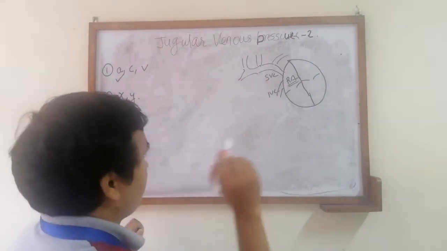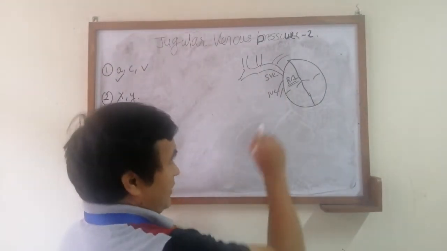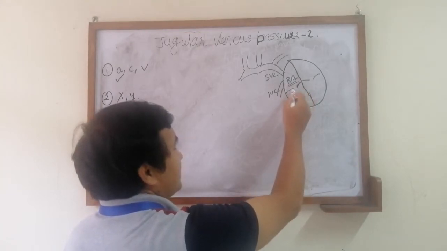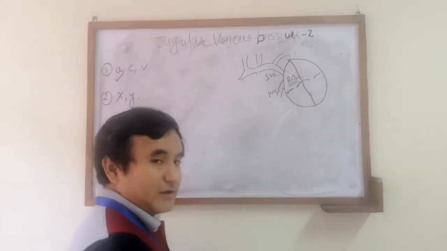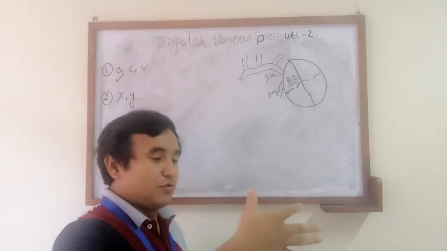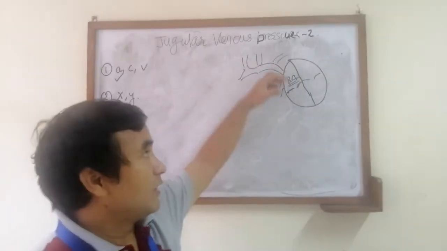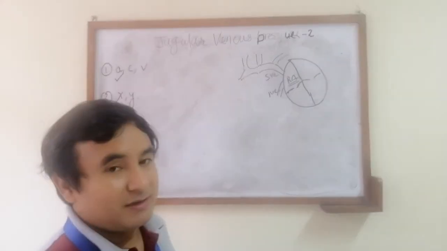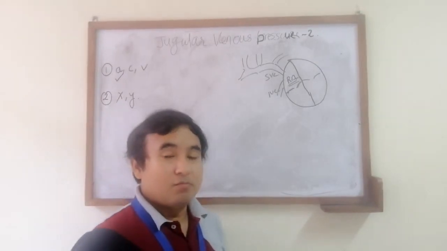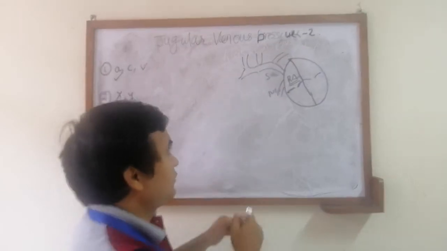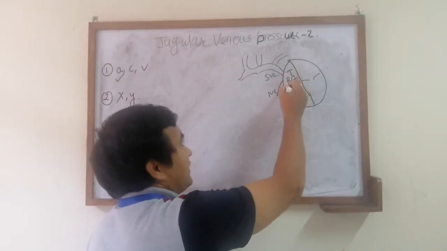If there is some problem in the tricuspid valve, let's suppose the tricuspid valve is stenosed, meaning it is not opening properly, then when the right atrium is contracting, it has to contract with more force. When the right atrium contracts with more force, it will increase the pressure in the right atrium.